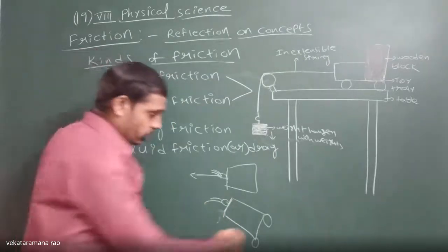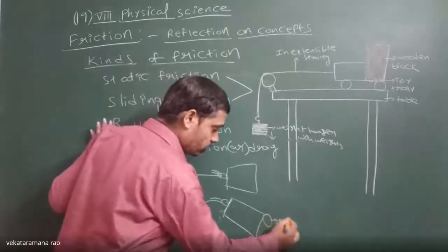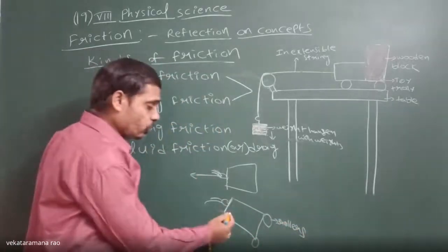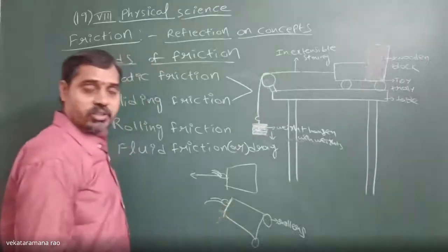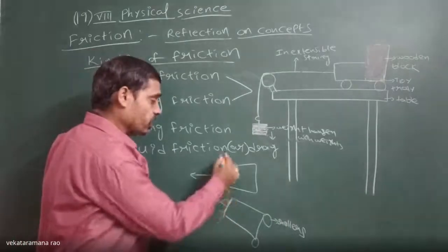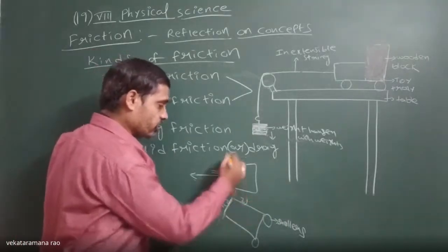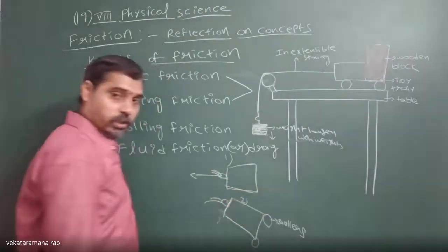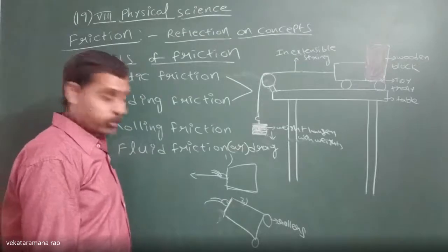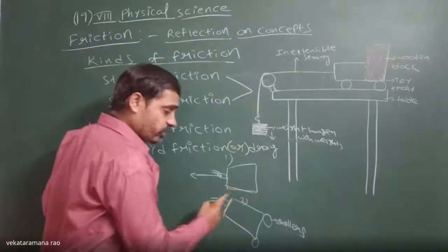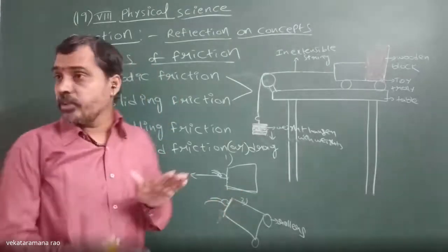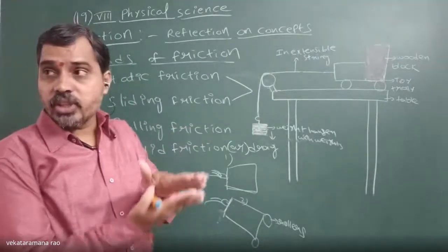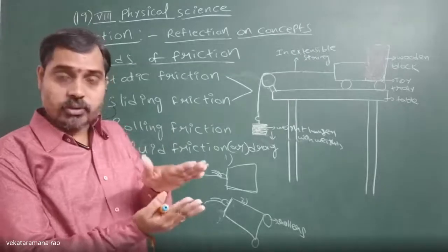These are the rollers, where it is easy to move. It is easy to pull the suitcase in the second case compared to the first case. Why? In the first case the frictional force is more, because the total surfaces are in touch to a greater extent.